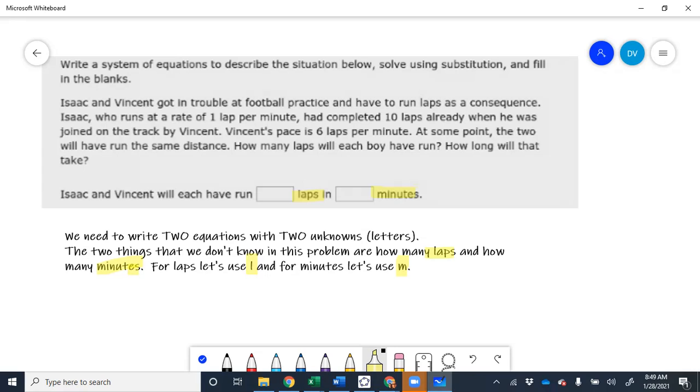I'm also going to use different colors here. You don't have to, of course. So again, let's use blue for Isaac. Isaac, his speed is 1 lap per minute, and he already has 10 laps down. He's already started. He's been running for a while, goofing around in practice or whatever. All right, so for Isaac, we'll do it in blue.